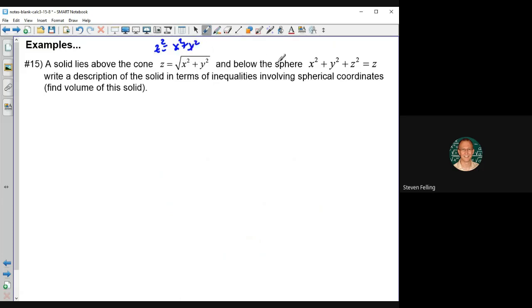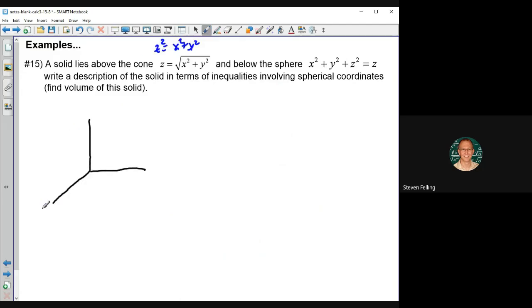And below the sphere x squared plus y squared plus z squared equals z. Write a description of the solid in terms of inequalities involving spherical coordinates. So find out what the boundaries are using rhos, sines, and phis. And then I added on, let's find the volume of this solid. So first maybe we could sketch what's going on here.